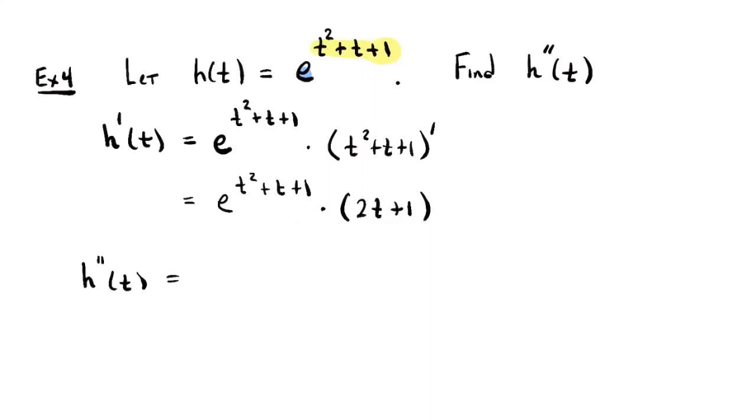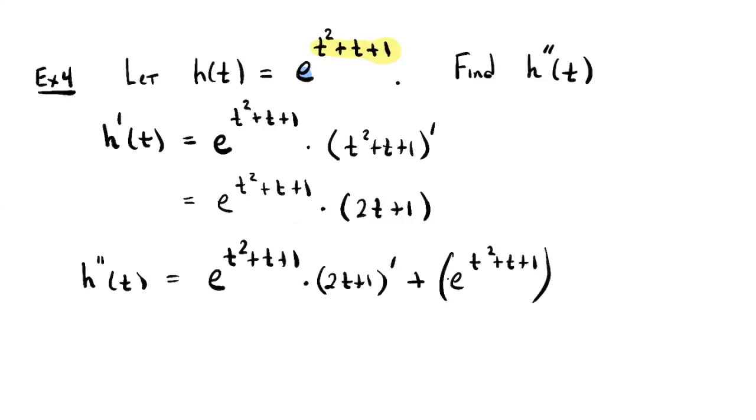So how does the product rule work? Well, you take the first function, undifferentiated, and you multiply that by the derivative of the second function. And then you add to it the other way around. So take e^(t^2 + t + 1) derivative times the second function, undifferentiated.